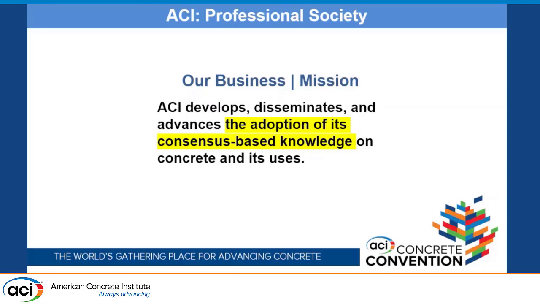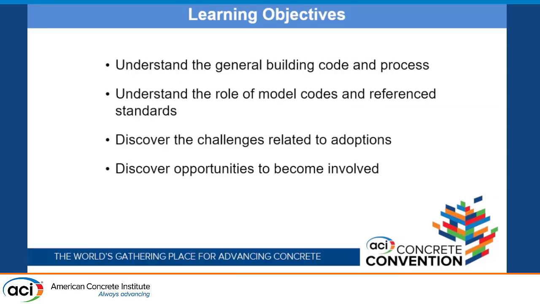So they changed the mission to make sure it includes that not only do we develop and disseminate, but we advance the adoption. And this is a really crucial component of what happens with ACI work.